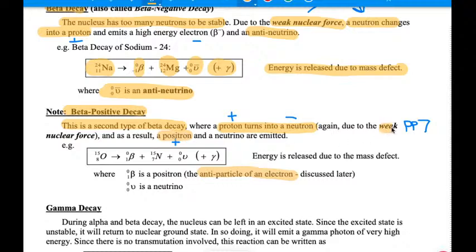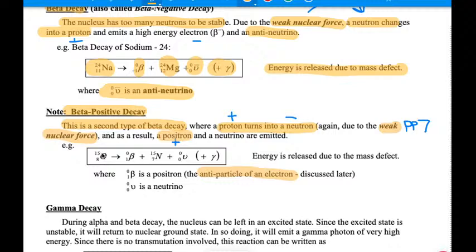So this again is weak nuclear force. Whenever we have protons turning into neutrons or vice versa, that is due to our weak nuclear force and switching up our quarks via our bosons. Check out those videos if you are at all curious what a boson is.